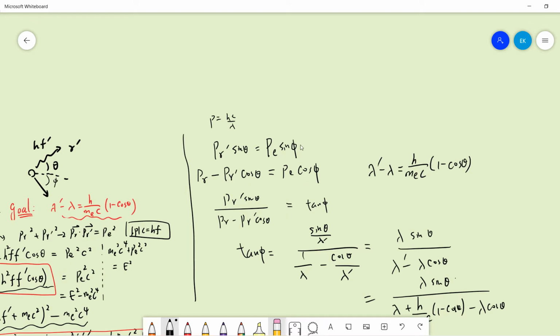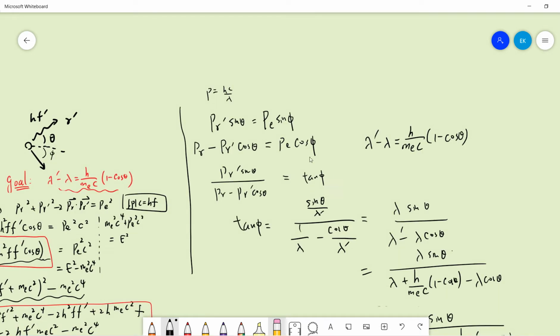If you divide the first equation by the second equation, you get tangent phi equals p gamma prime sine theta divided by (p gamma minus p gamma prime cosine theta). Using the definition, p is h divided by lambda, also hf divided by c, you get sine theta divided by lambda prime over (1 over lambda minus cosine theta divided by lambda prime).